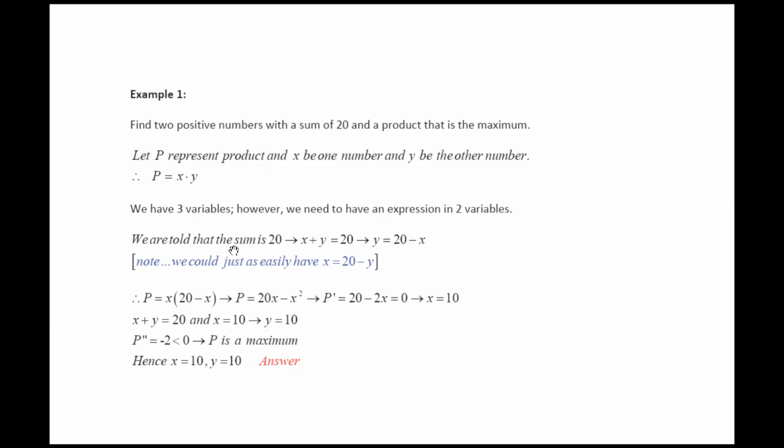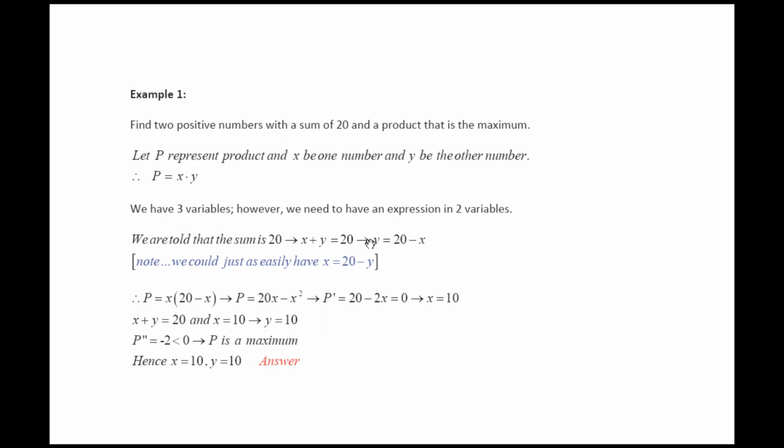We'll express that as follows: X plus Y equals 20. Now we will solve for either X or Y. We here have solved for Y. Y is 20 minus X. You could have easily solved for X and said X is equal to 20 minus Y. Your choice. Okay, so we're going with Y is 20 minus X.